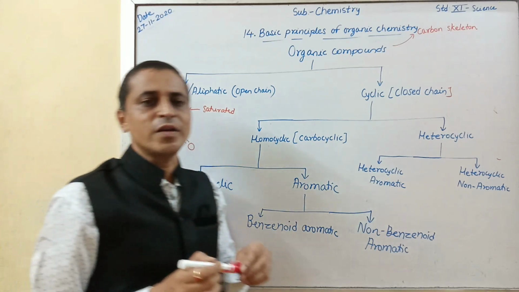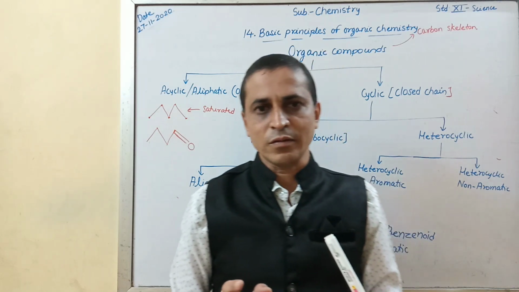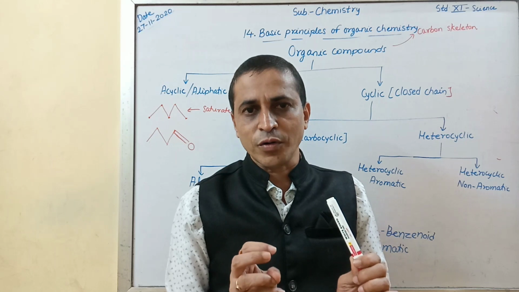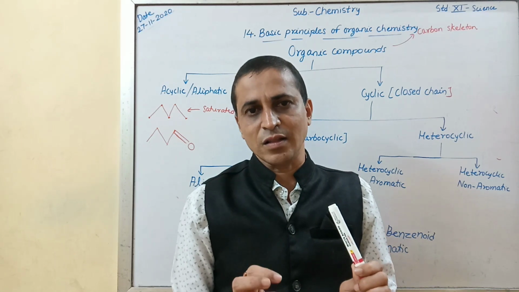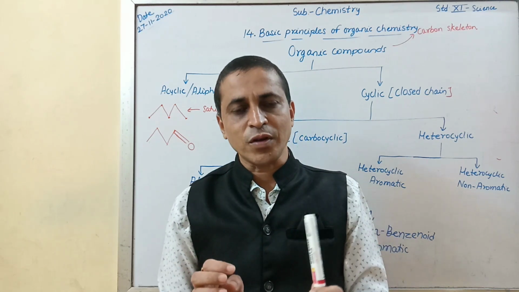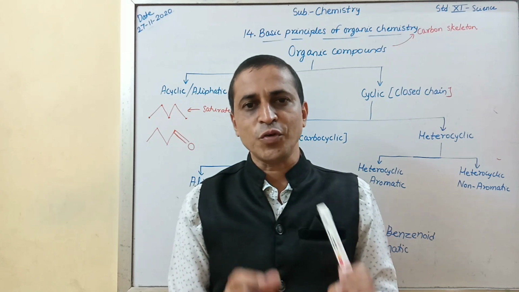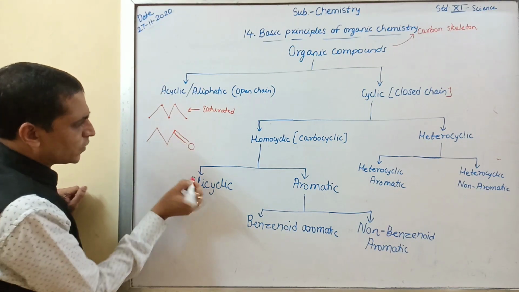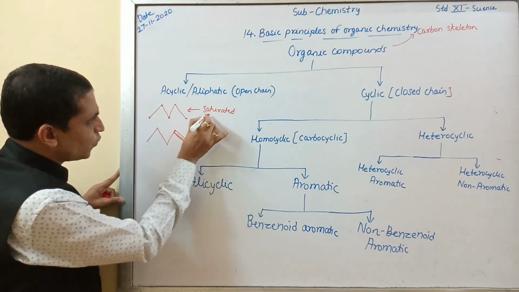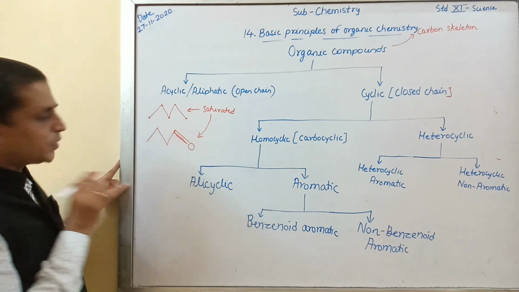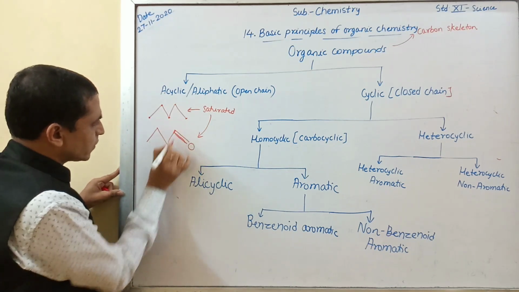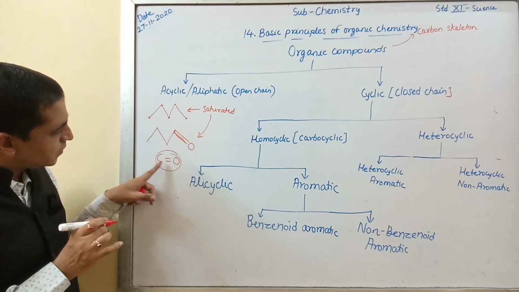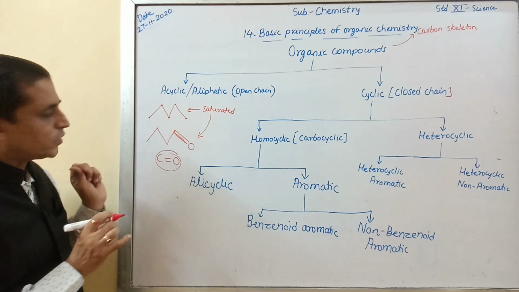But you remember, in saturated compounds the carbon-carbon bond is single. Means in a saturated compound there is a single bond between two carbon atoms, not between carbon and oxygen, etc. So see, this is also a saturated compound because here it contains C double bond oxygen. So it is also saturated.